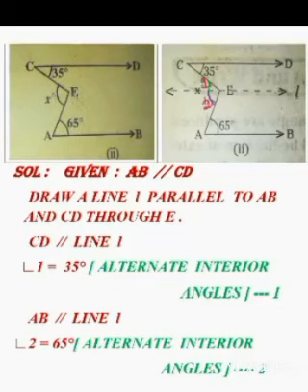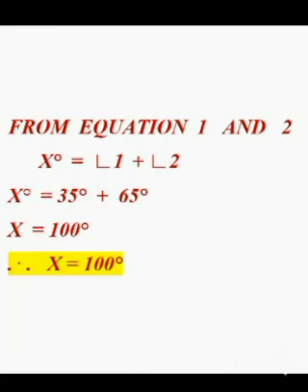Again you observe the figure here, children. Line AB is parallel to line L. Then angle 2 is equal to 65 degrees. Again the same reason, alternate interior angles. So children, from equation 1 and equation 2, x degrees is equal to angle 1 plus angle 2.